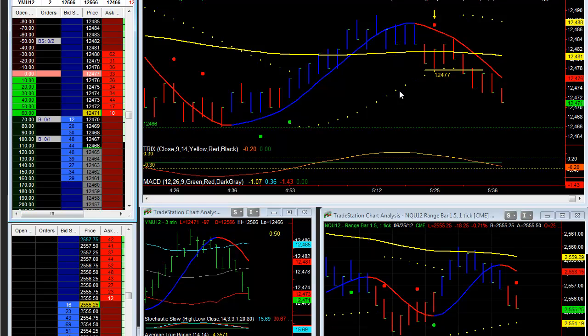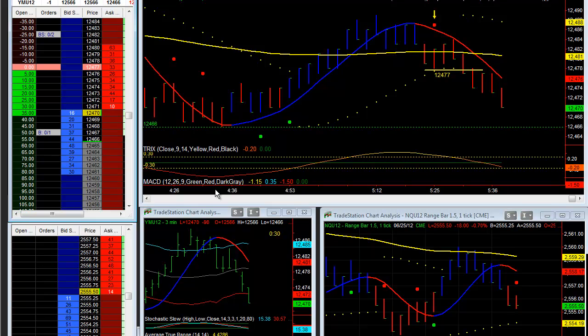Basically, what we can see is we're 1 point away from a target here now. Need one more point. 470 is what I'm looking for. And I'm filled. Now we bring our stop to break even. Very simple.